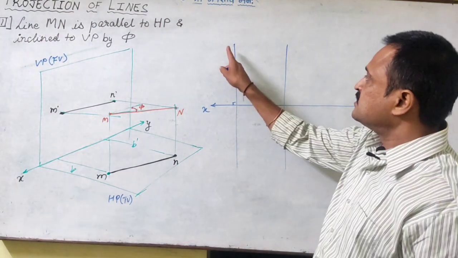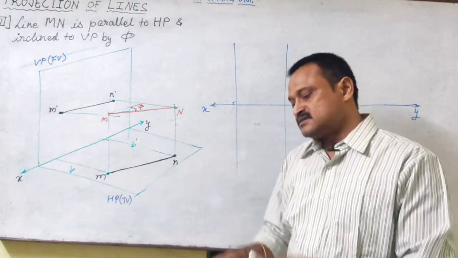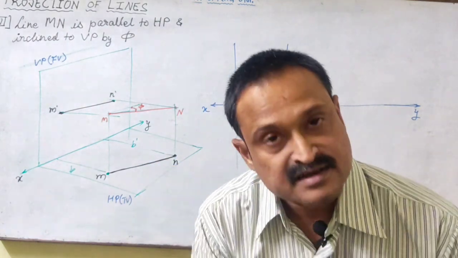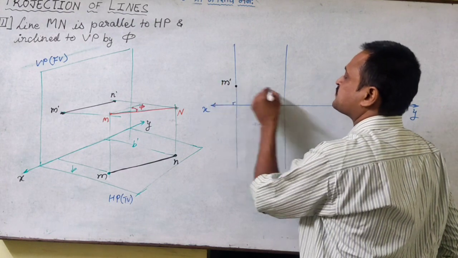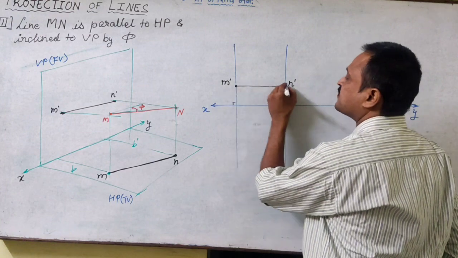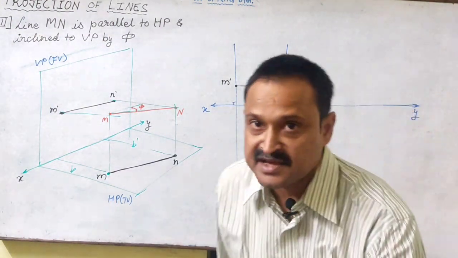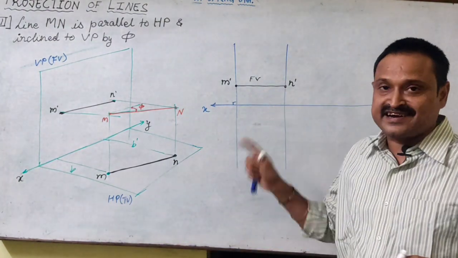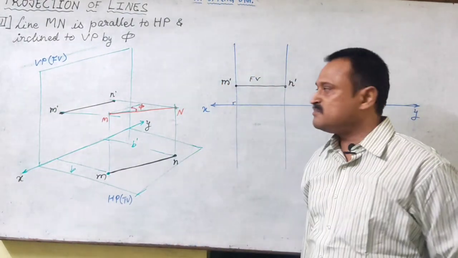These are the projectors, projector of M, projector of N. Now the line is parallel to HP, that means height of M and N, they are same. So in front view if I mark, this is M dash, this is N dash, their heights are same, so I'll get the front view image parallel to XY. Why has this happened? Because the line is parallel to HP. Forget about the length right now, right? So irrespective of its length, I'll get the front view image parallel.